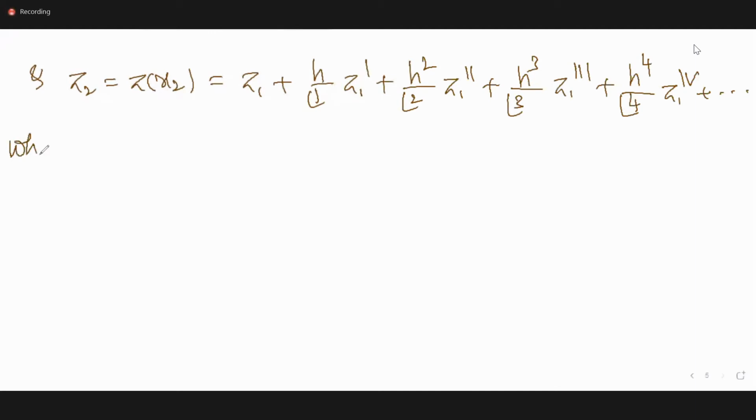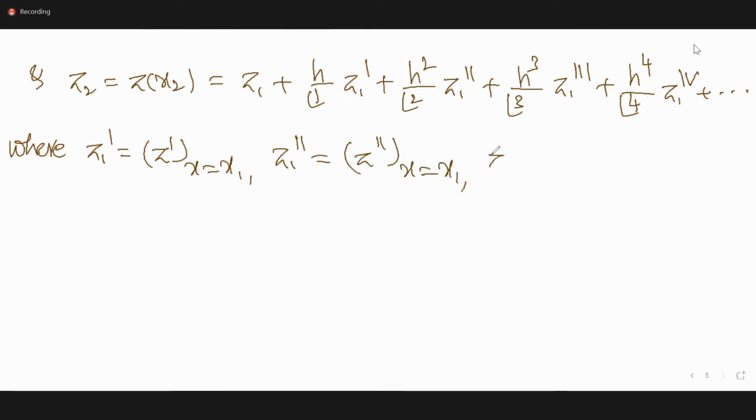Same, where z1 dash is equal to z dash at a point x is equal to x1. z1 double dash is equal to z double dash at a point x is equal to x1. z1 triple dash is equal to z triple dash at a point x is equal to x1, so on.